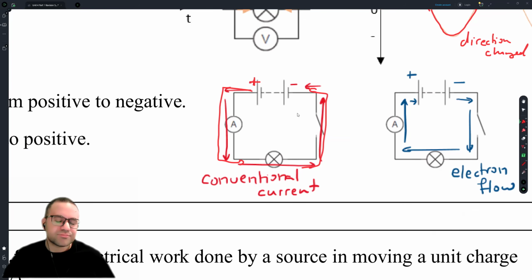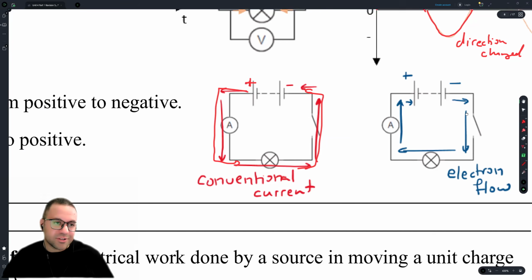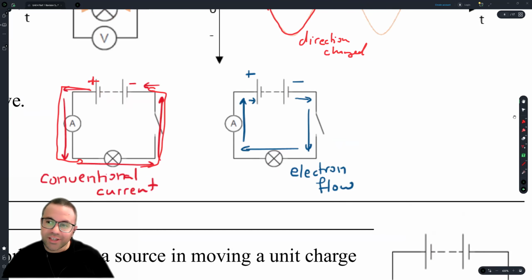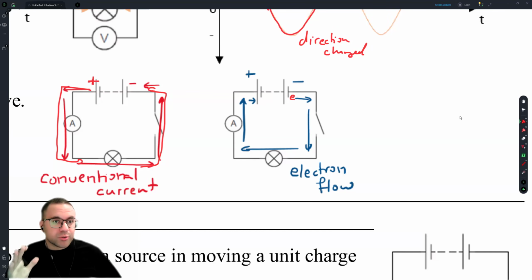High to low. And then decades passed by until finally some other good scientists discovered, hey guys, what's actually free to move inside a metal is an electron, not a proton, not a positive charge. But all our rules in electricity are fine. They work just fine. So what do we do?